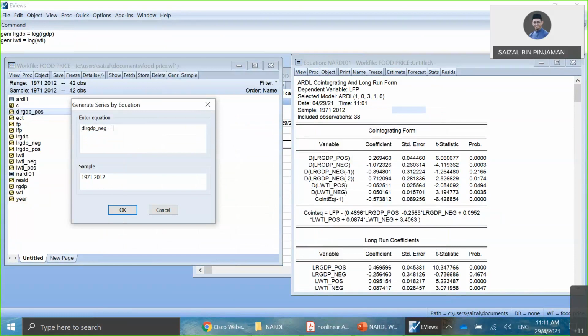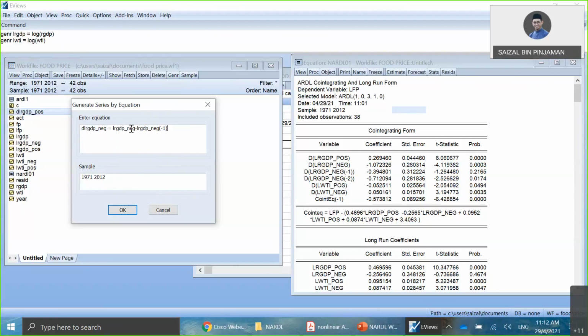So the difference LRGDP negative is equal to the LRGDP negative minus LRGDP negative in lag 1. So the current value of the GDP negative minus the previous value of GDP negative. So that is what it says here.